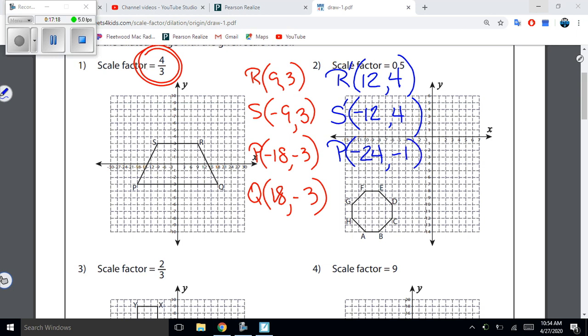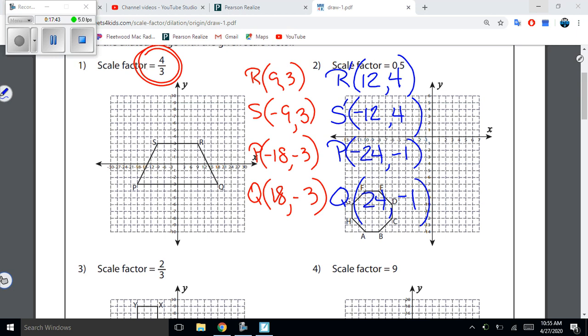And then my Q value is going to be, what? Positive 24. And it should be what? Positive 1? No, negative 1 again. Okay, so those should be the points that I'm going to be plotting if this holds true.